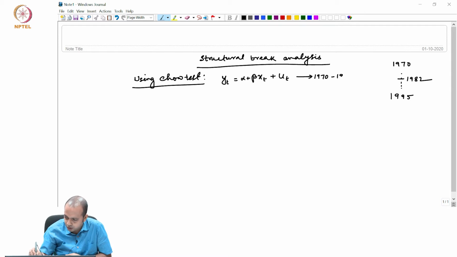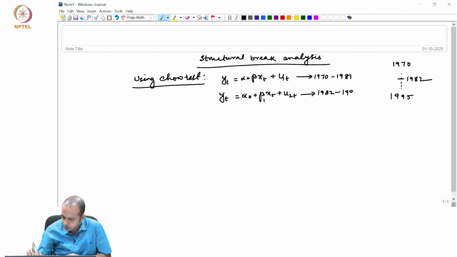Then another one for 1982 to 1995: y t equals alpha 0 plus beta 1 x t plus u 2 t, where the first error is u 1 t and this one is u 2 t. These are the unrestricted models.